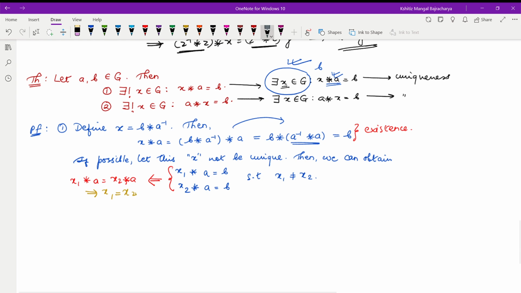Now let's see this part of the statement and this assumption. These give a contradiction, so this statement is wrong, and therefore the uniqueness of X is also established.